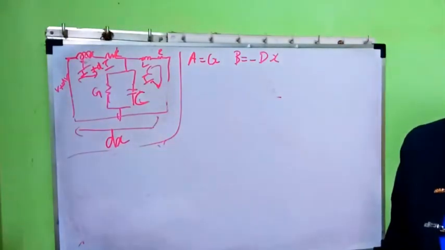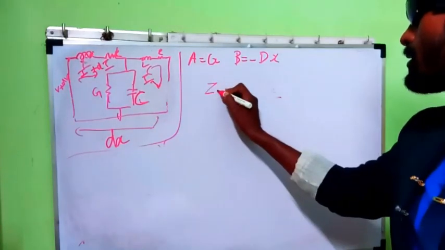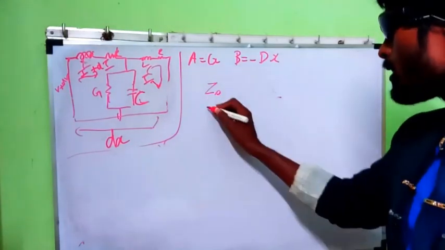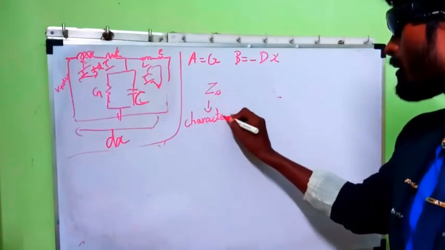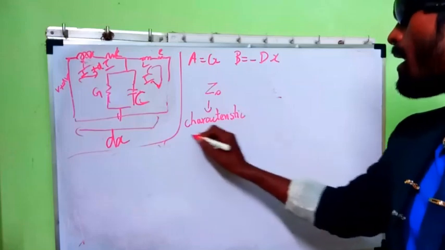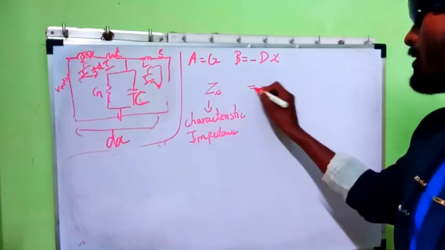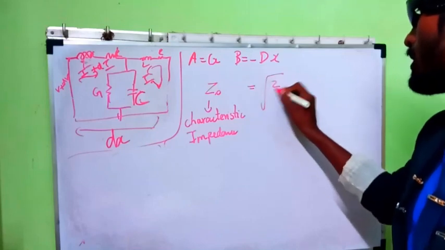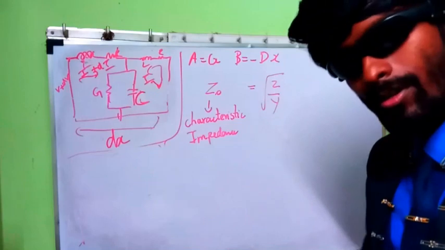Now you all know that this is called characteristic impedance, and its value is equal to root of Z by Y, because Z is the numerator.